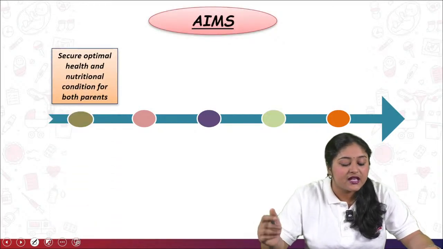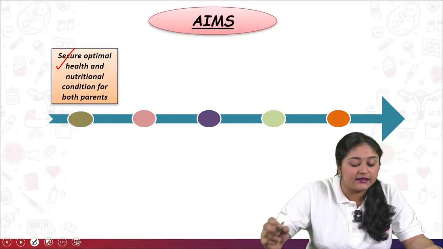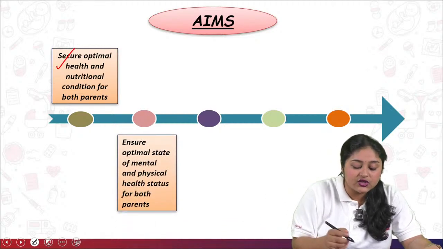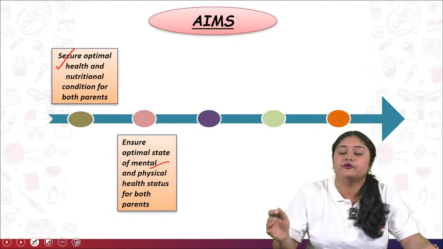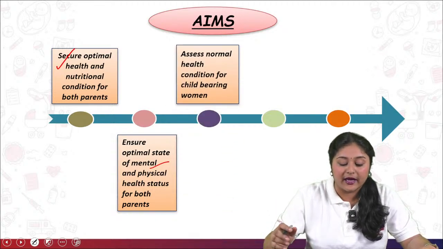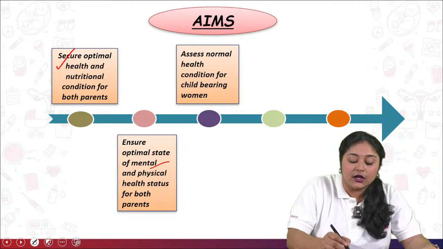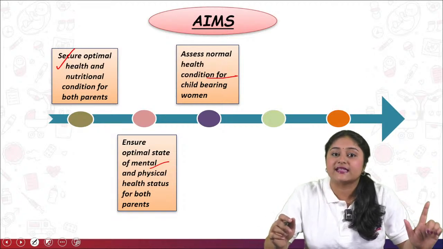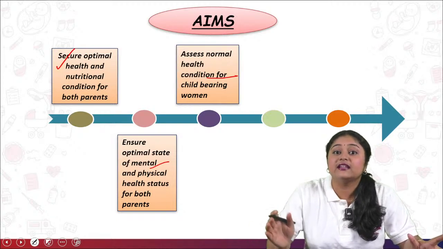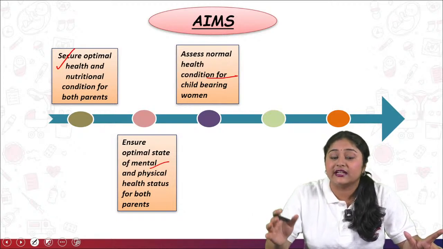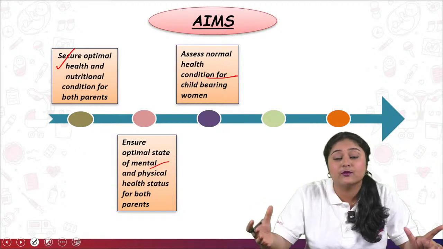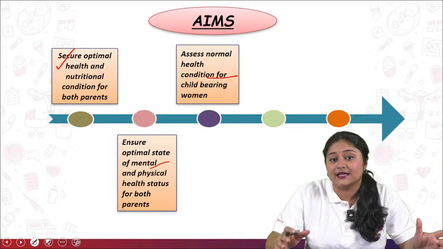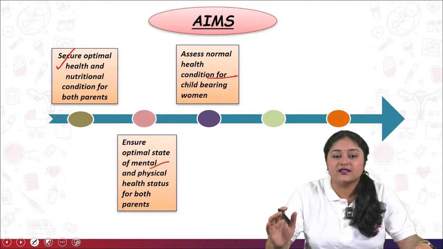See the aims. First is to secure optimal health and nutrition conditions for both parents. Next is to ensure the optimal state of mental and physical health for both parents. Third aim is to assess the normal health condition of the childbearing woman: whether she is healthy for childbearing, and whether she has any genetic, chromosomal or sexual disorder which could affect conceiving. These are the things we have to assess.